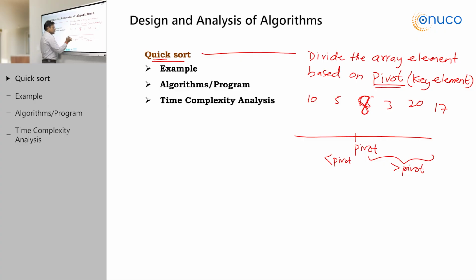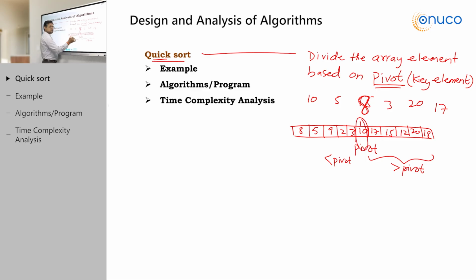So if the pivot is 10, this side will have 8, 5, 9, 2, 3, and this side we have 17, 15, 12, 20, 18. So this is the pivot element.